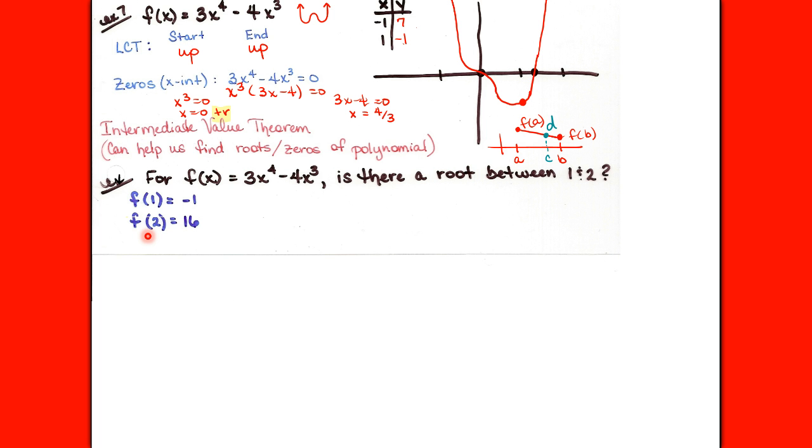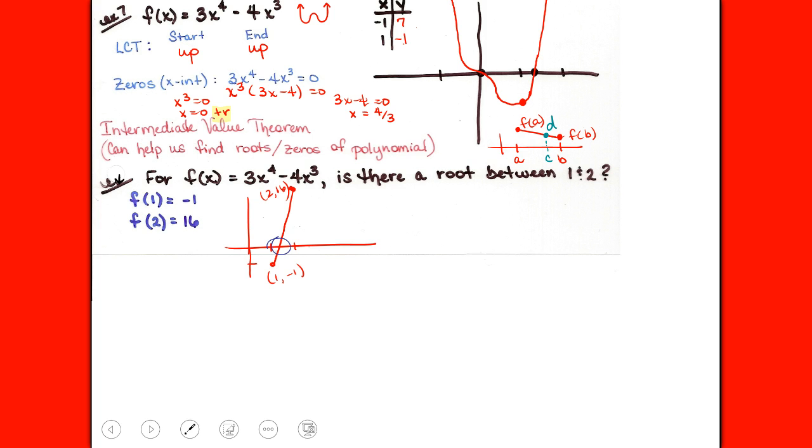All right, so when I plug 1 into that function, 3 times 1 minus 4 times 1 gives me negative 1. And when I plug 2 into that function, 2 to the fourth times 3 minus 4 times 2 to the third is going to give me 16. So what I'm looking for is a sign change.